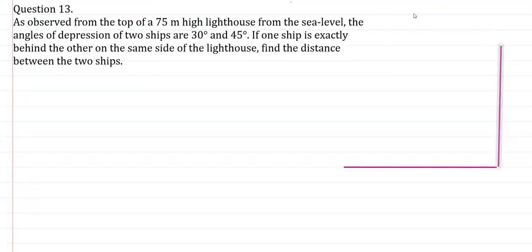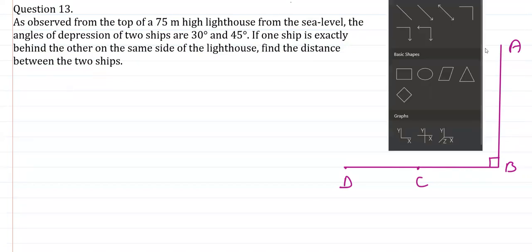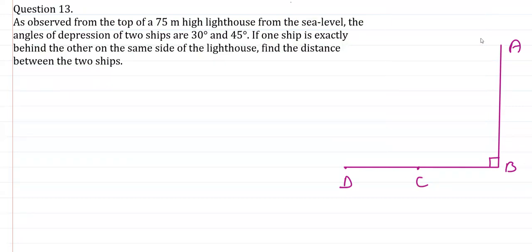From this point, there are angles of depression formed over two ships. Let's say AB is the lighthouse, this being 90 degrees. And let's take two points, say C and D. These are the points where the two ships are. And then there is an angle of depression formed from the top of the tower, which is A. So let's say this is the angle of depression.